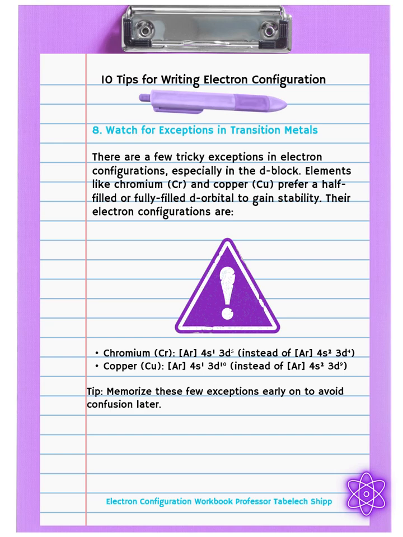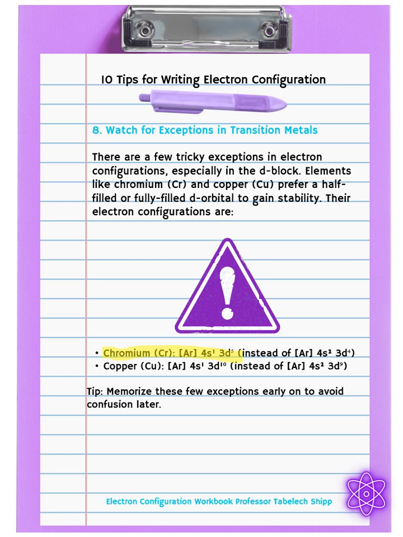So if you look at chromium, for instance, right here on your screen, you see chromium right here. Notice that I made the abbreviated version, the noble gas configuration. Notice how you see argon in brackets, but then the latter part is 4s1 3d5.